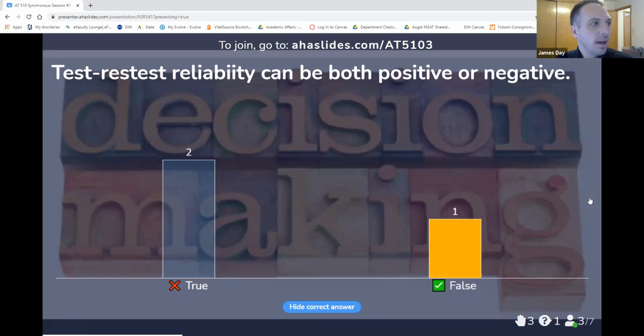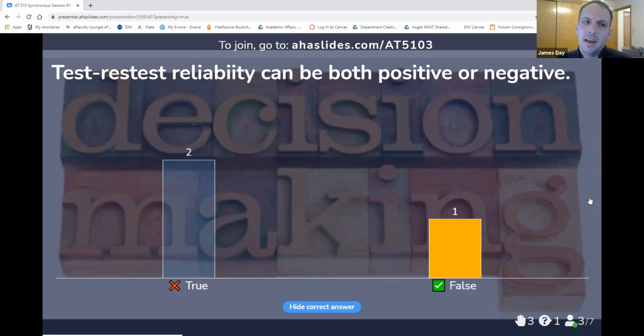And some of that will then be determined as far as the acceptability of a measure, like how stable is the principle, right? If you're testing, say, something like range of motion over the course of 15 minutes, you would expect that to be relatively stable.